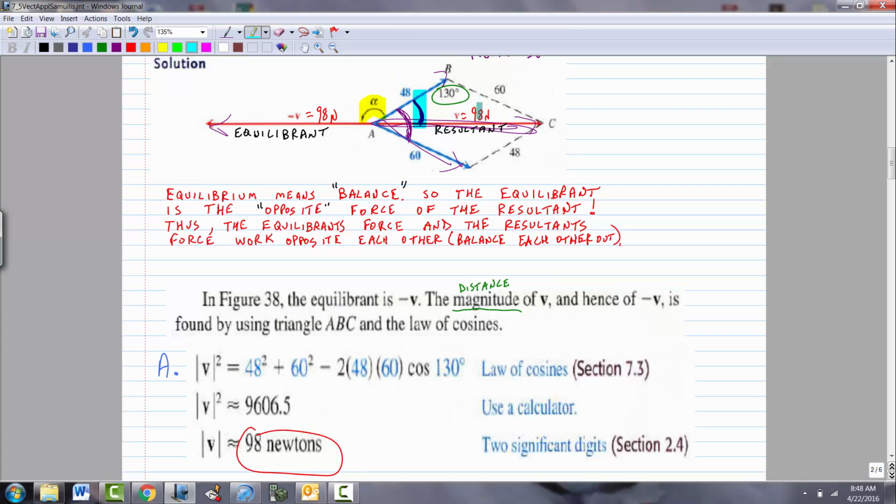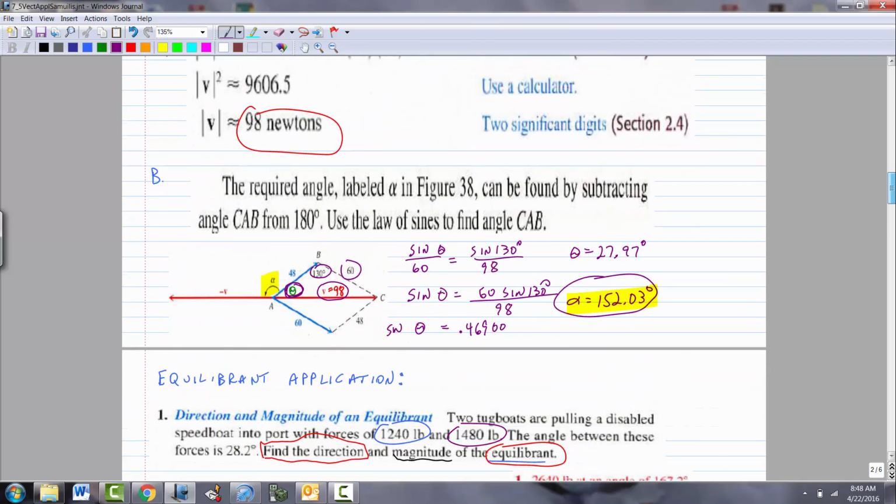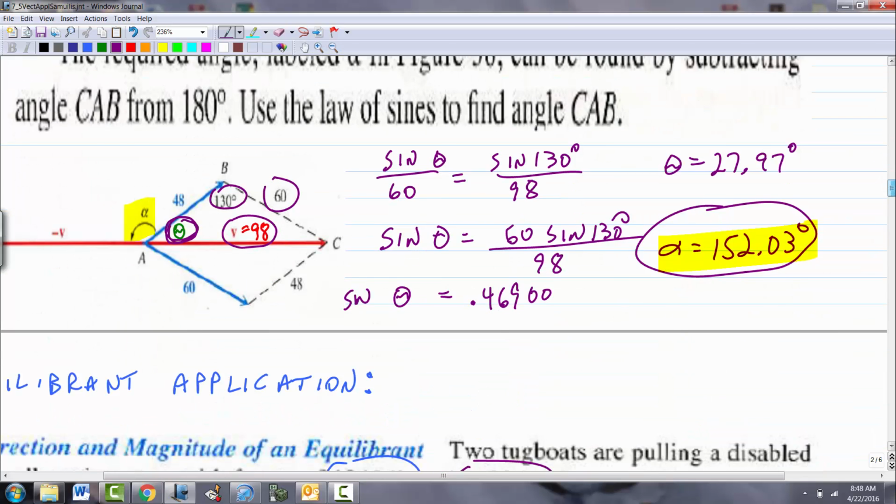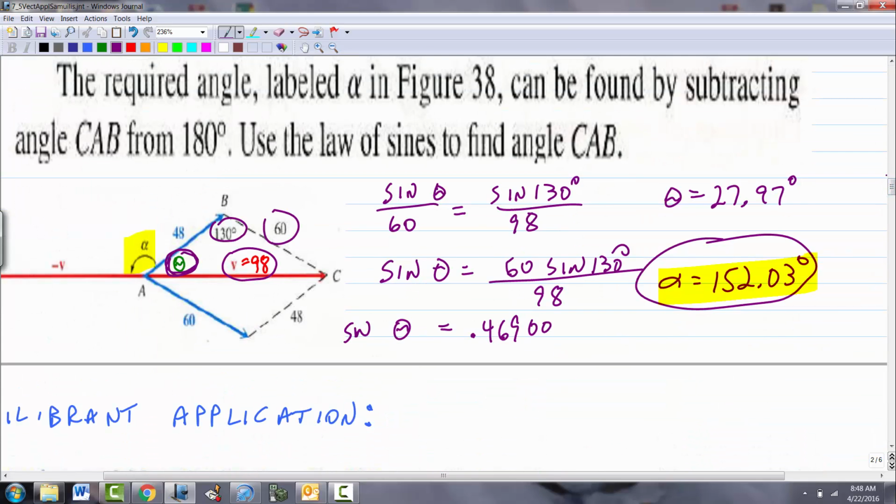So now that I have this 98 newtons, and it's probably smart to not round on this, but I'll just use 98 newtons. What could I use to find this blue angle measure? Law of sines. So you use the law of sines to find theta, and then 180 minus that answer.